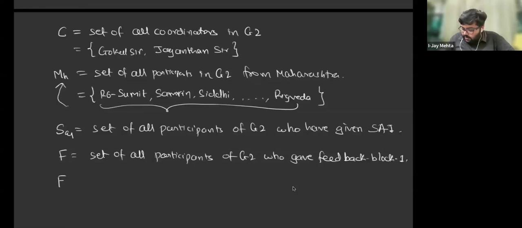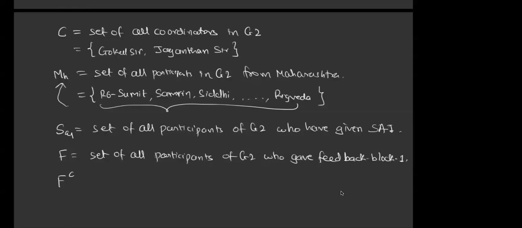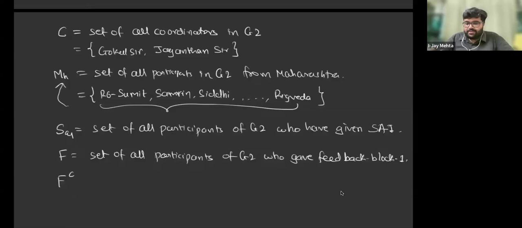So can you guess what this is? What is your guess? If I write F is the set of all participants who gave feedback, what is this? Can you just guess? Charvi? Set of all participants of G2 who did not give feedback. Yes, but what is that set called?